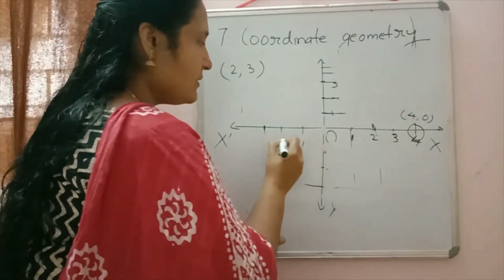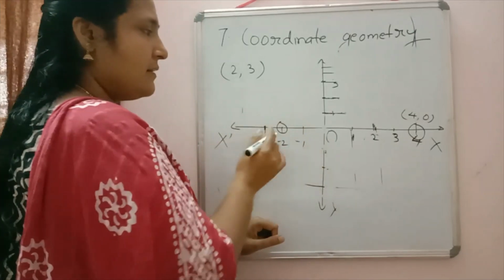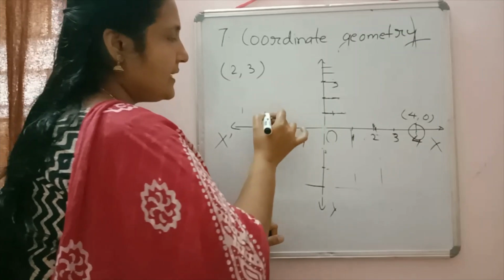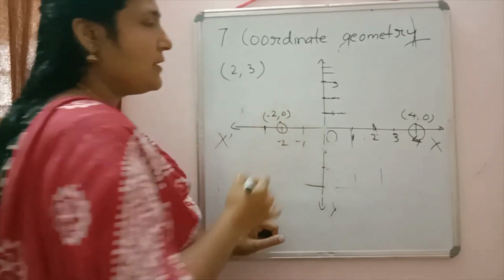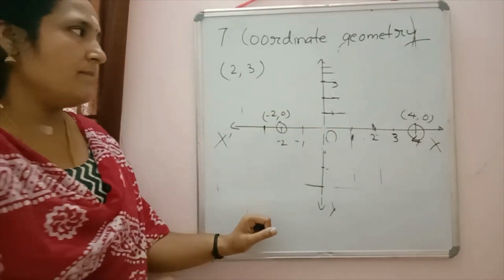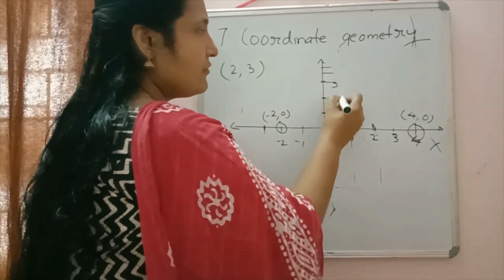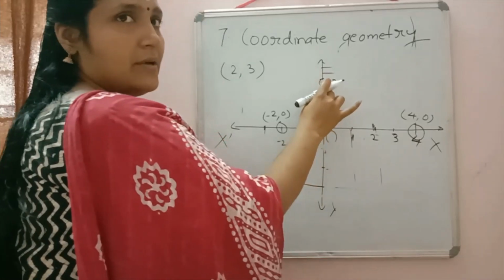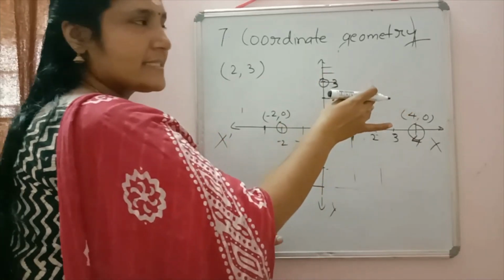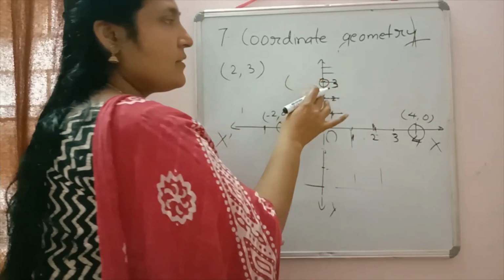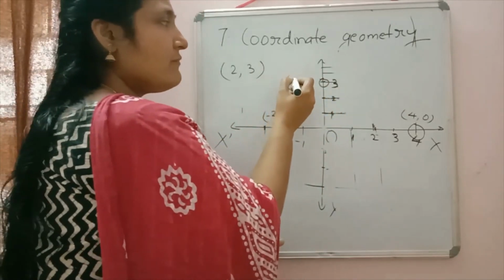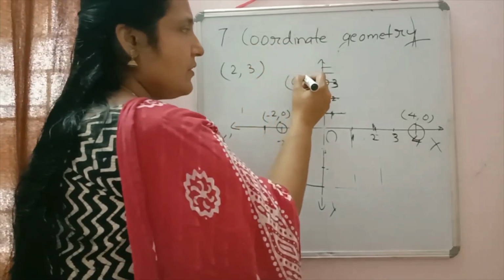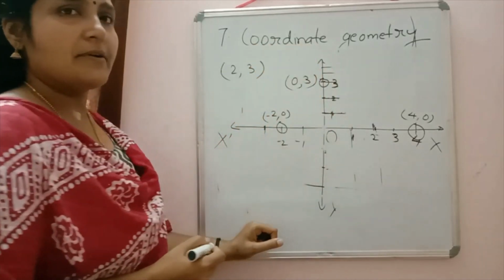If I have to write on this side, suppose this coordinate, again we moved a distance of 2 units only, but here the coordinate is negative. So it will be minus 2, 0. In the same way, if we have to write on y-axis, on y-axis we moved 3 units, but we haven't moved towards x-axis. And whenever we write the coordinate, we write the x-coordinate first. So x-coordinate is 0 and y-coordinate will be 3.